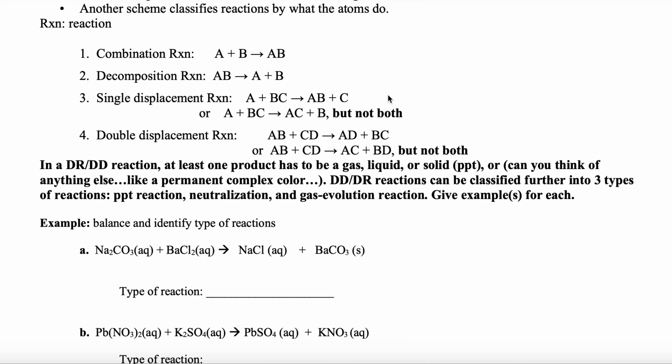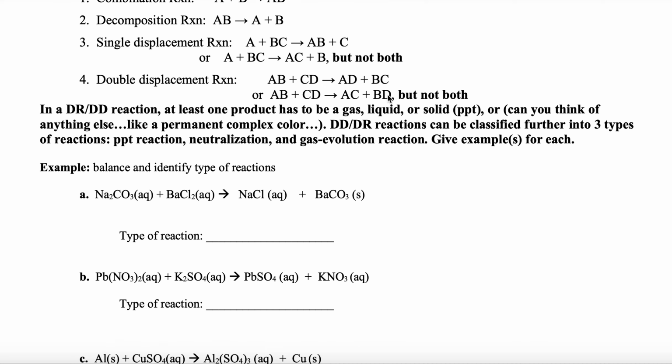Now, double displacement is when you have a two-element compound, two or more, plus another two-element compound, and then they swap. Okay, A goes with D, and then C goes with B, or B goes with C.